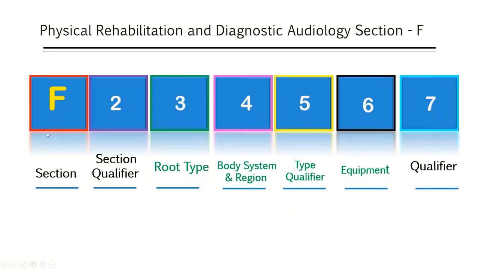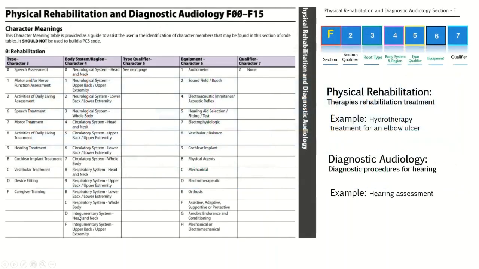Of course, the section is F. Our root type will be the third character, our fourth character is body system and region. We've got a type qualifier at character 5. Our character 6 is equipment, and everything else is the same. Okay, this really is a different structured code. So let's look at the character meanings page to see at a glance what the codes and the sections mean. All right, so we've got section F.